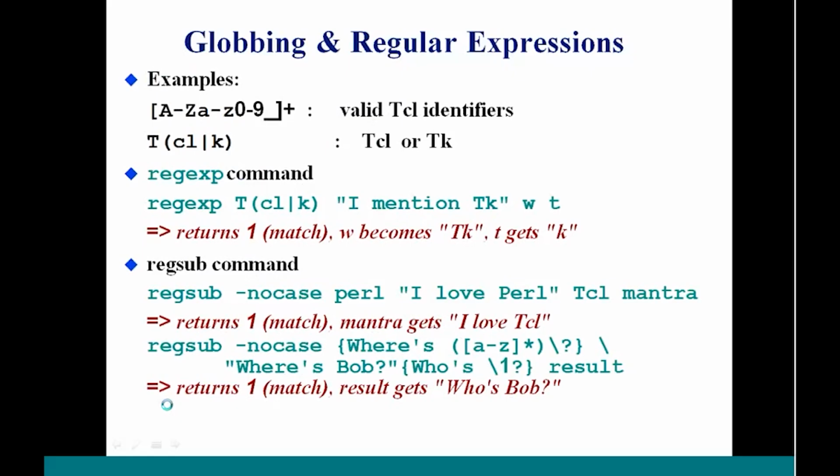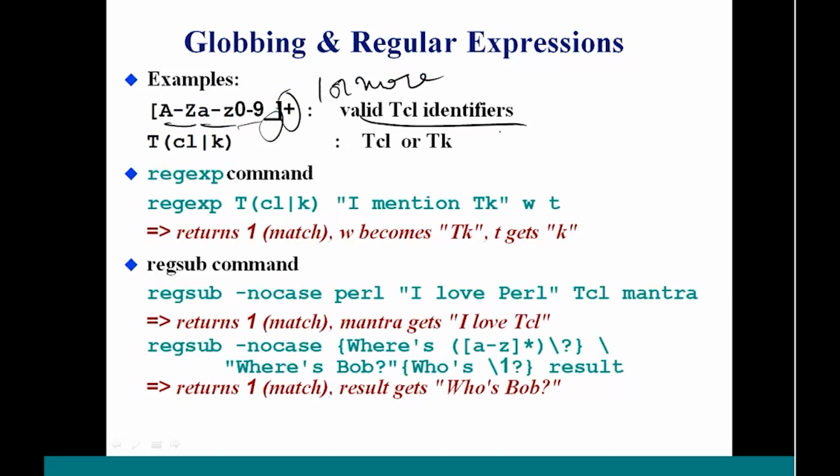So here are some examples of regular expressions. Here A through Z, lowercase a through z, 0 to 9, and underscore, and when it is plus, it is 1 or more.